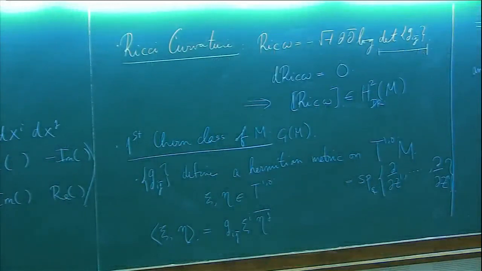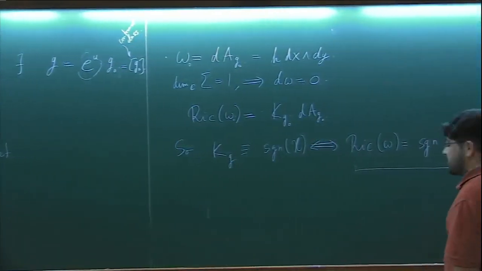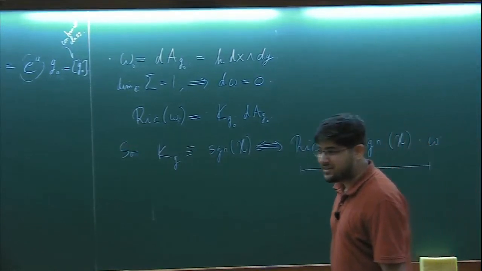Okay, so this means if you find a metric whose Gauss curvature is constant, this is equivalent to the statement that the Ricci curvature of the corresponding omega is basically this constant number times omega. So the uniformization theorem is equivalent to the statement that there is a Kähler form omega whose Ricci is a multiple of omega, and you have seen already in the morning lecture that this is the Einstein equation, right?